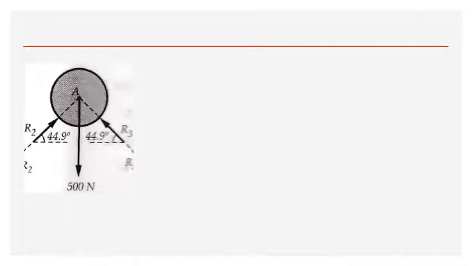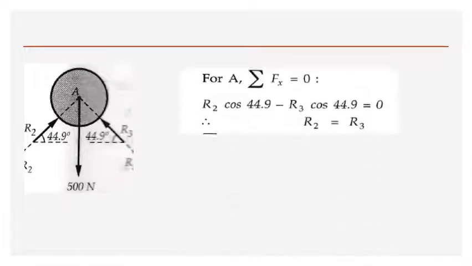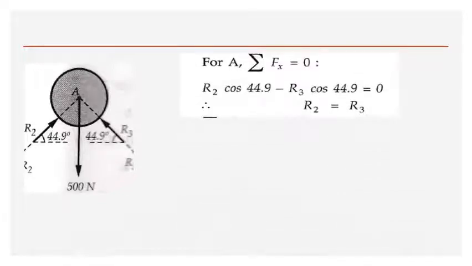So let's consider the sphere A. How many forces are acting? Three forces are acting. You can apply Lami's theorem also, or we can apply the conditions of equilibrium. Three forces: R2, which is inclined at 44.9 with the horizontal, R3 also at the same angle, and the weight, which acts vertically downward.